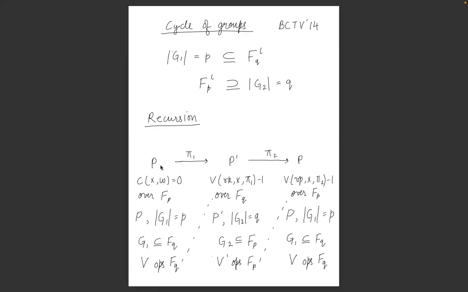So yes, we just cycle between G1 and G2. For the inner we use G1, for the outer we use G2, so that there is no inconsistency in our recursive proof system.